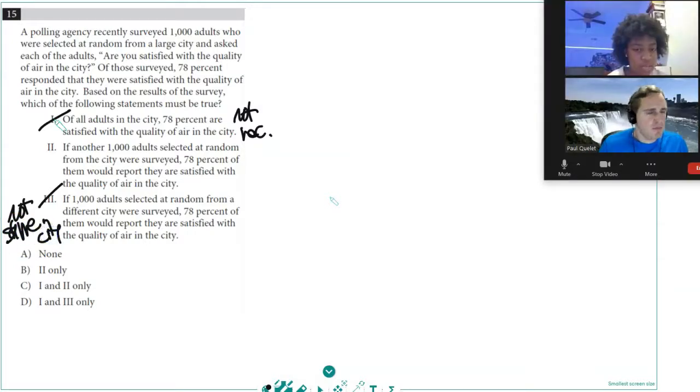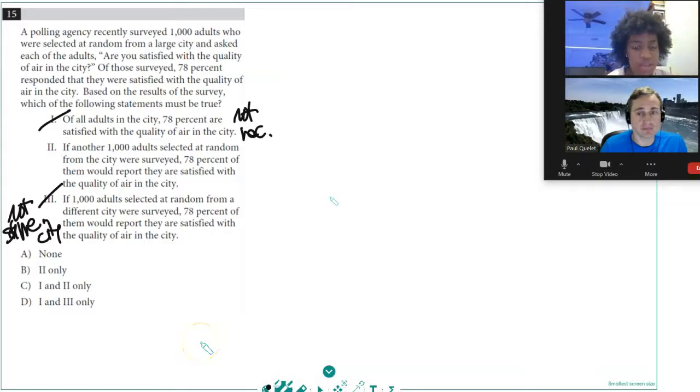Right, it's not the same city. It just says a different city. That doesn't have anything to do with the survey. So do you think number 2 is necessarily true?